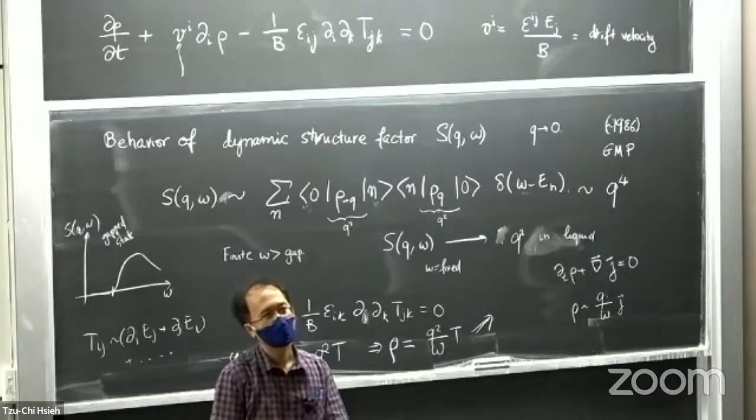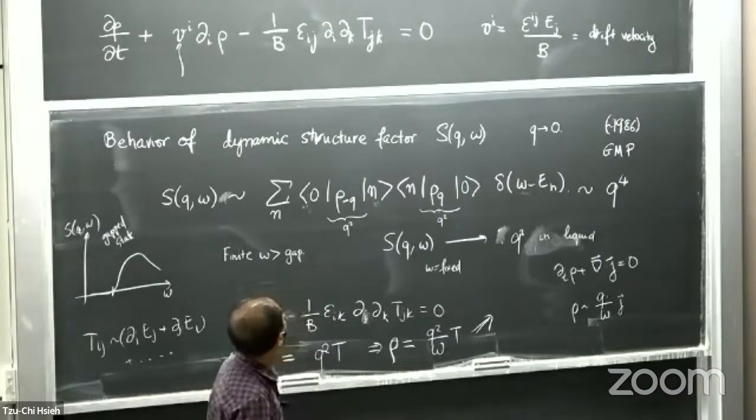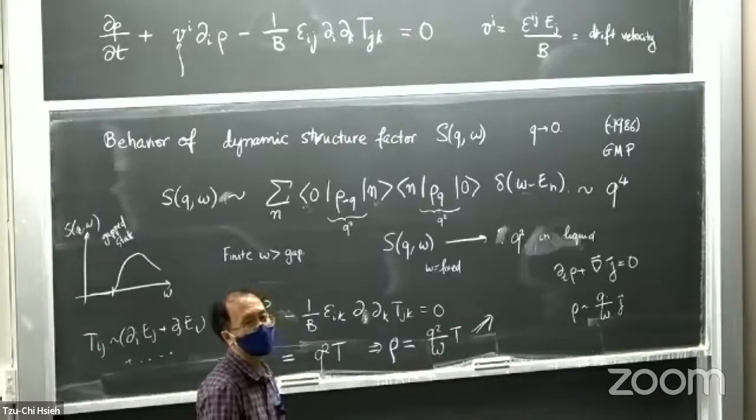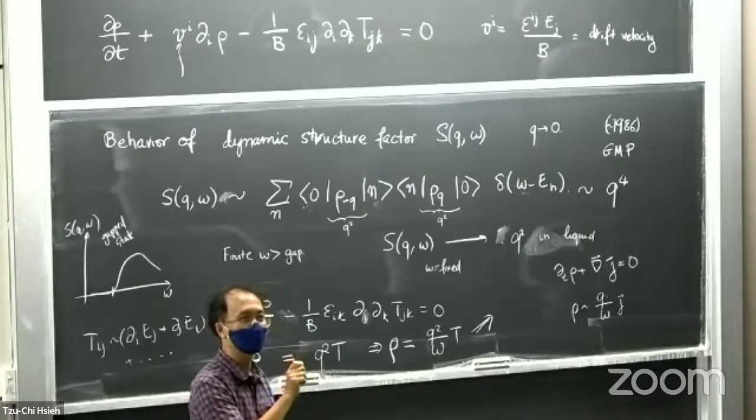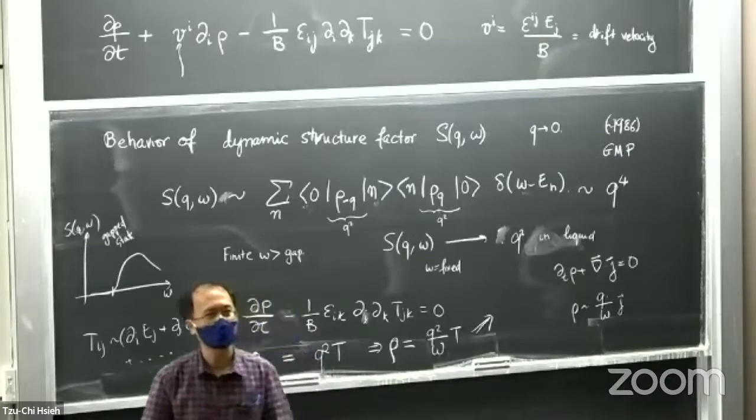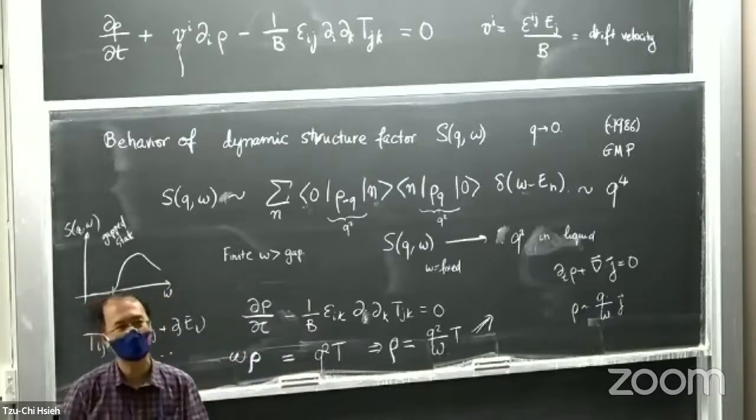In the equation of motion above, you have the V_I partial_I rho, and I'm still confused why we're dropping that term when we're trying to calculate. Because V is equal to zero, because V is the electric field.